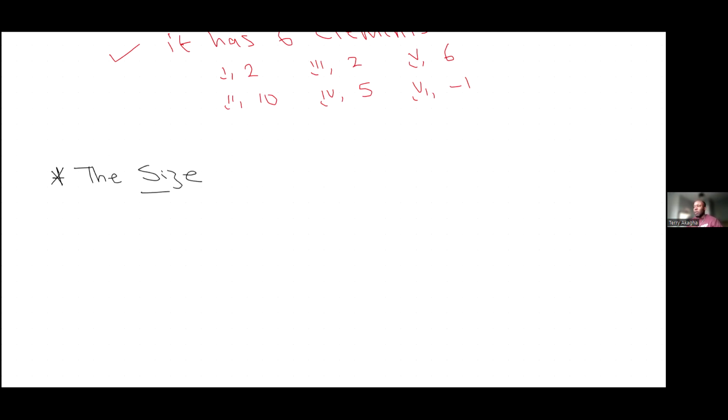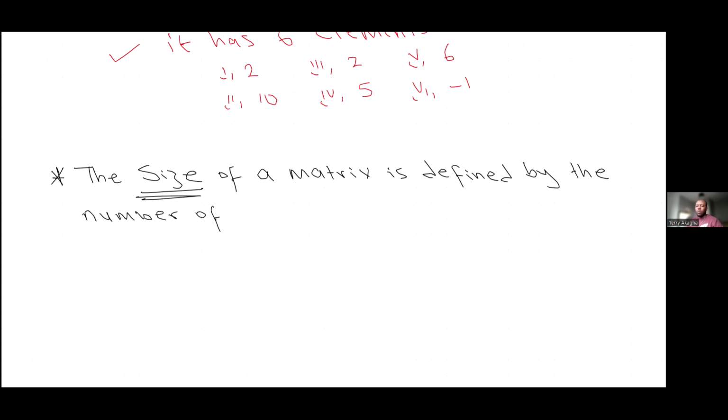The size of a matrix is defined by the number of rows and columns it contains.